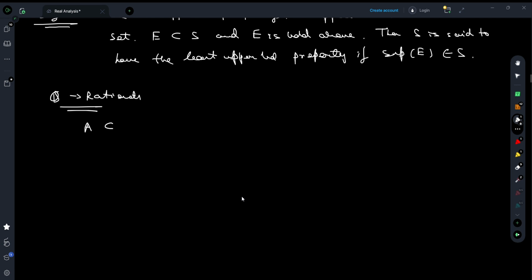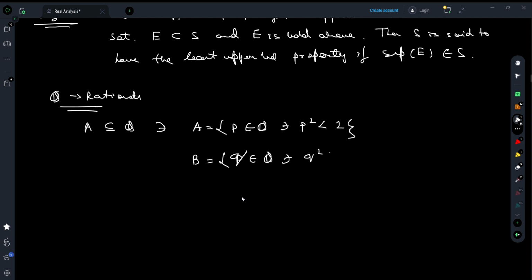Suppose we are talking about Q, the set of rationals. We choose a set A in Q such that A contains all those rationals whose square is less than 2.